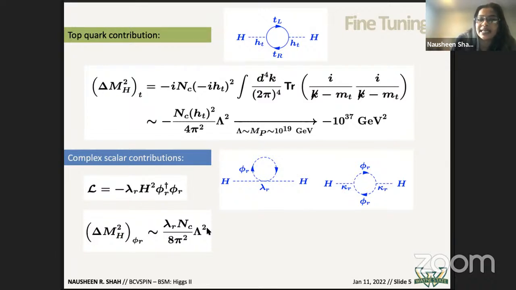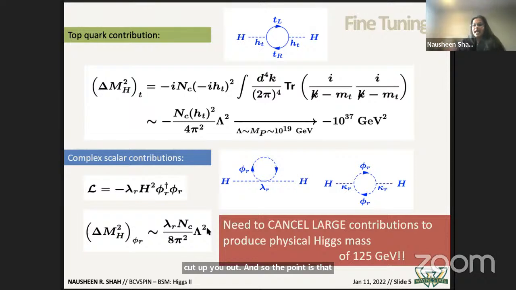And so the point is that you would need to have large cancellations between different contributions, so that you produce actually a physical Higgs mass of 125 GeV. So then the question arises, are there some symmetries which govern the fact that there have to be these cancellations? But you have to keep in mind that maybe that's just the way it is, right? I mean, maybe it is fine-tuned, or at least the next level up of understanding that we get will still appear to be fine-tuned.